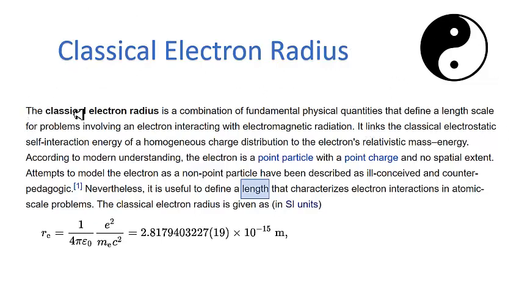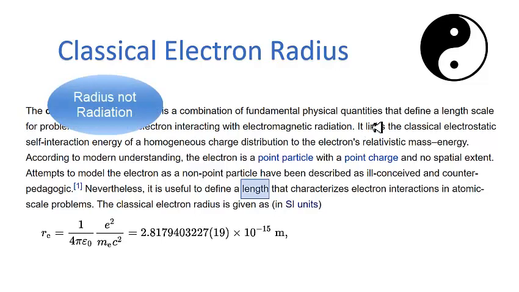Okay, so the classical electron radius is a combination of fundamental physical quantities, which are down here, that define the length scale for problems involving an electron interacting with electromagnetic radiation. So that is what mainstream thinks the classical electron radius means.